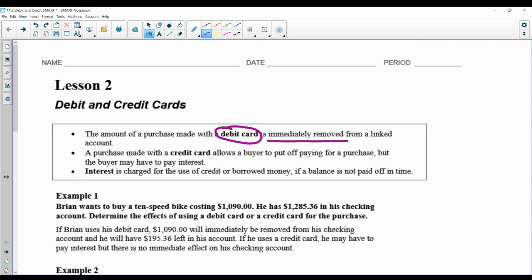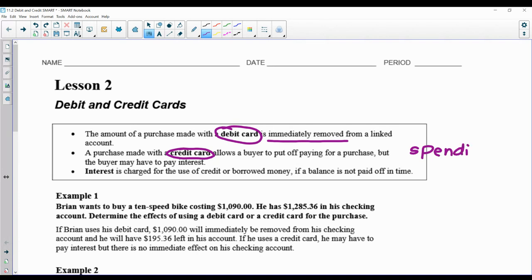That's a debit card. A purchase made with a credit card allows the buyer to put off paying for a purchase, but the buyer must pay interest. With a credit card, they give you what is called a spending limit.